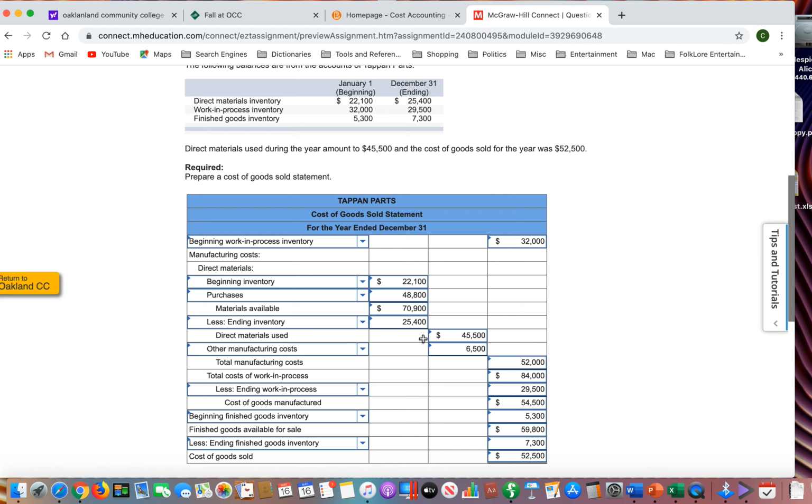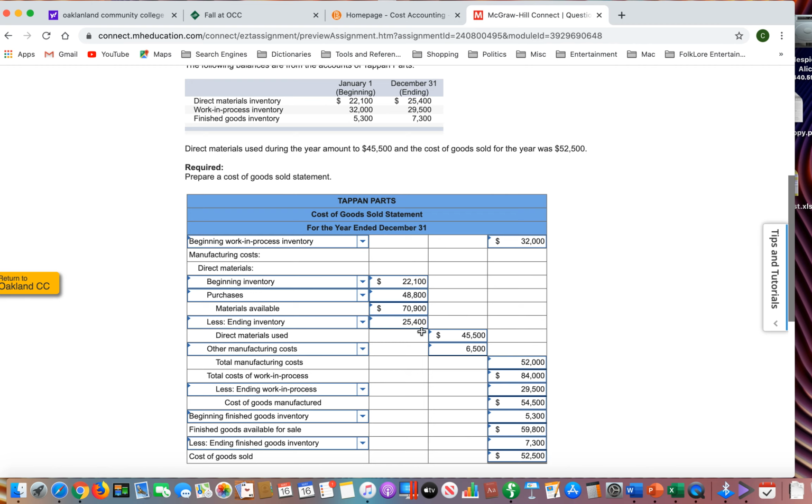Well, if you start with 22,000 and you end up with 25,400 and you use 45,500, if you add these two together, 45,500 and 25,400, you must have had available 70,900. Just think about that, folks.